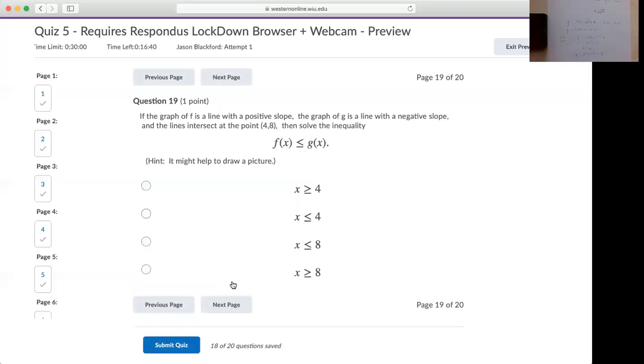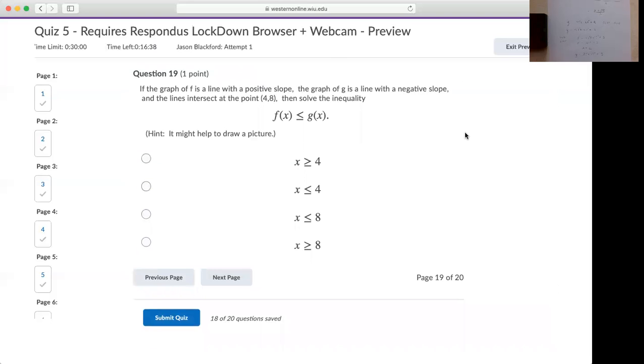All right, question 19, you just had to draw this and think about it a little bit. Here's our graph. Here's our axes. Here's (4, 8).